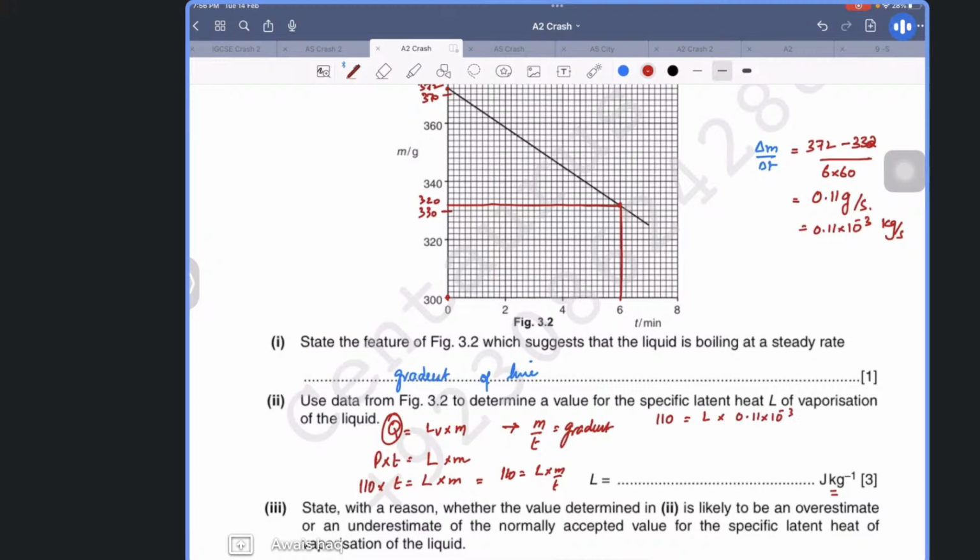Can you please find this then? Yes, please.